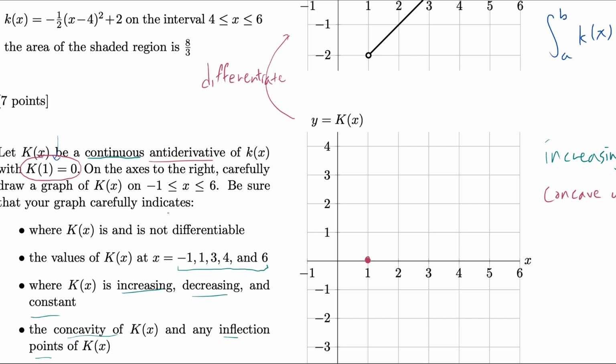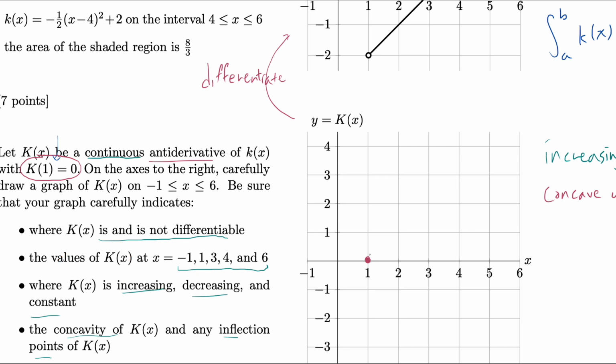I guess something to point out, where K of x is and is not differentiable, if you really graph everything roughly correctly following these three parts, then I think the first part is usually going to follow suit. And this inflection point, as long as we get the concavity right, you're probably going to get the inflection point correct as well. So really, we should focus the most on the value of K of x, increasing, decreasing, and the concavity. Those are really the key parts that I want to look at for now.